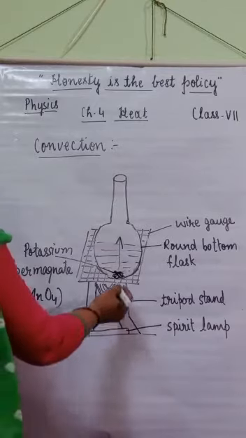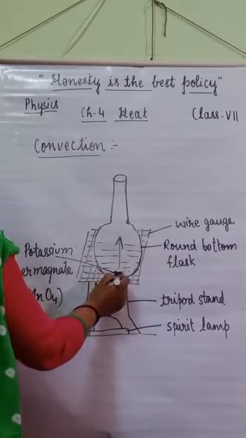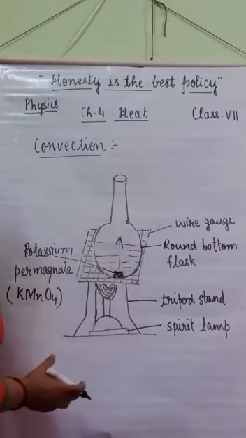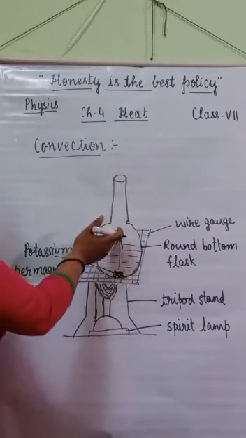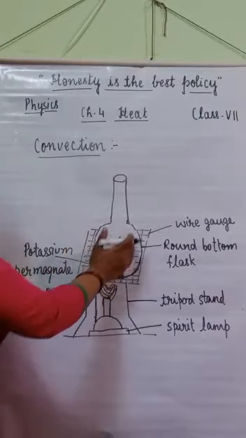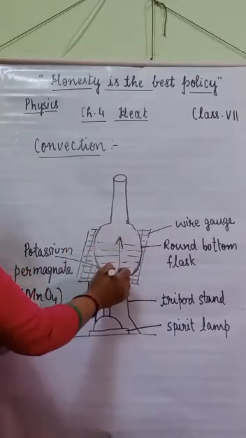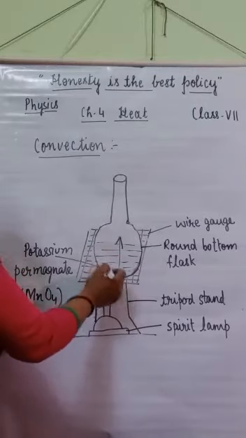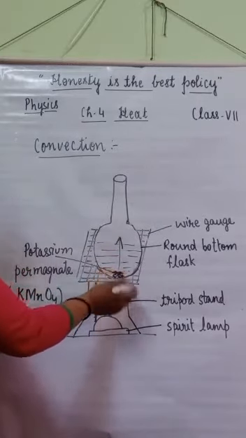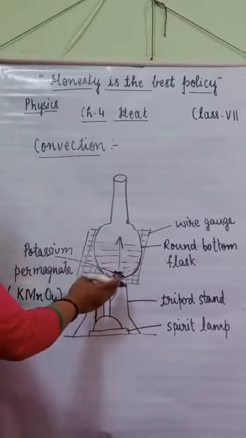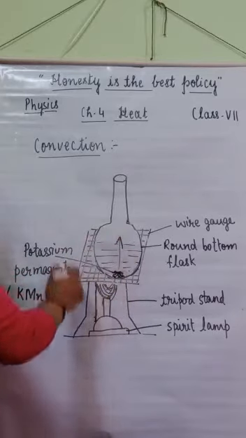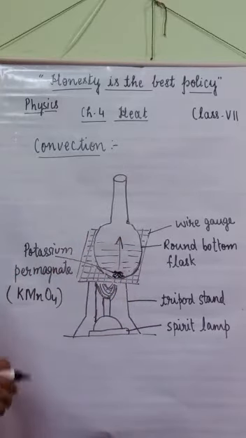So as water near the flame becomes hot, it rises up, and cold water from the sides moves downwards, and when it comes downward near the flame, it also becomes hot, and it rises up. This process continues till the whole water becomes hot, and this process of transferring of heat is known as convection.